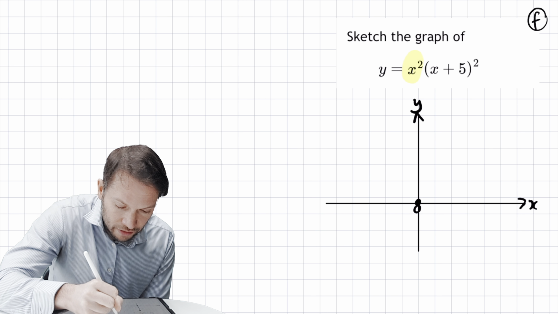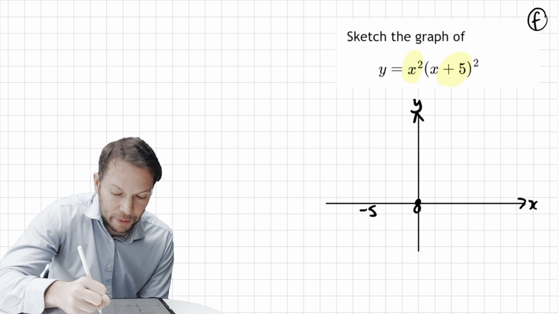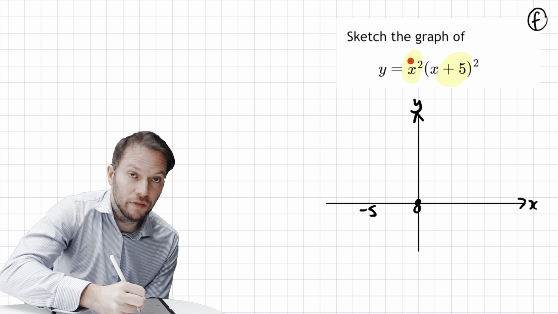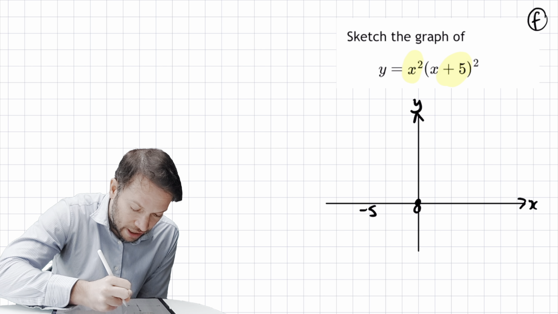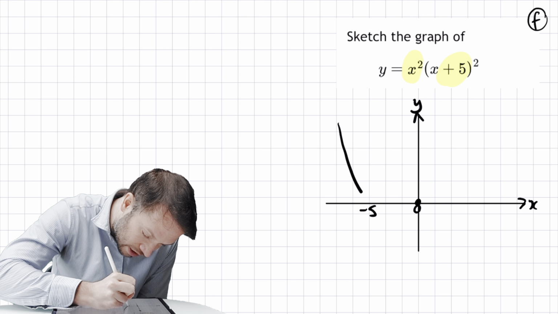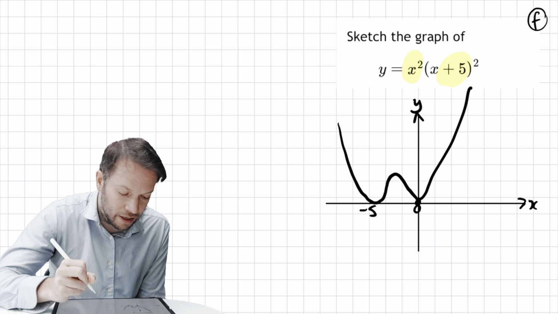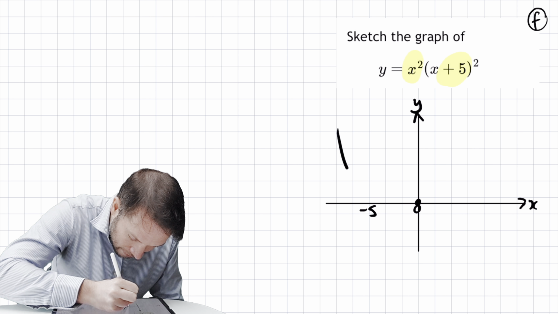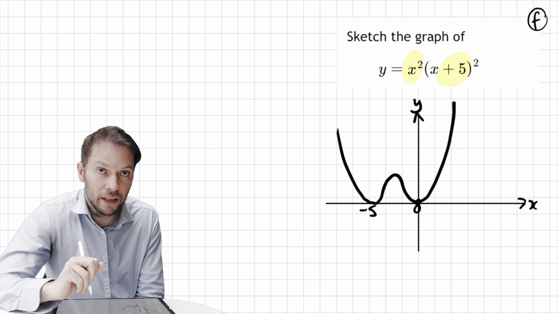And then this is going to give you a root of -5, which is here. And because these are repeated factors, as x squared, x plus 5 squared, the graph is going to touch at these. So it's going to touch at the -5. And it's going to touch at the 0 like that. Sorry, that's a bit wonky. Let's do that again. That's better.